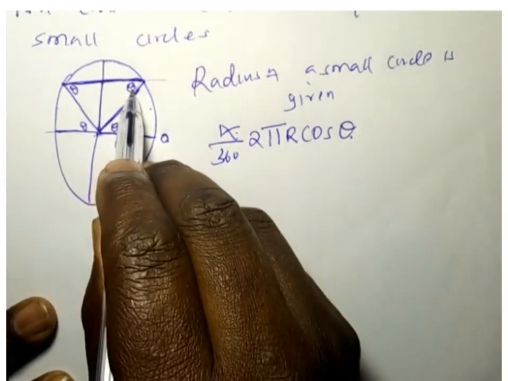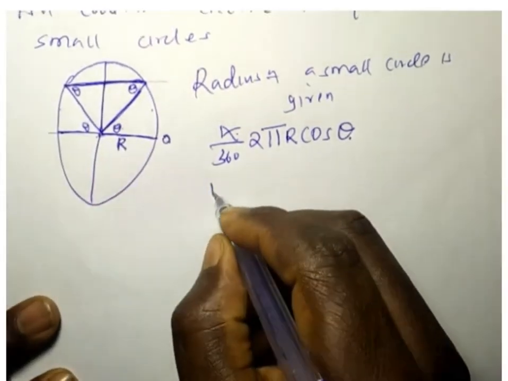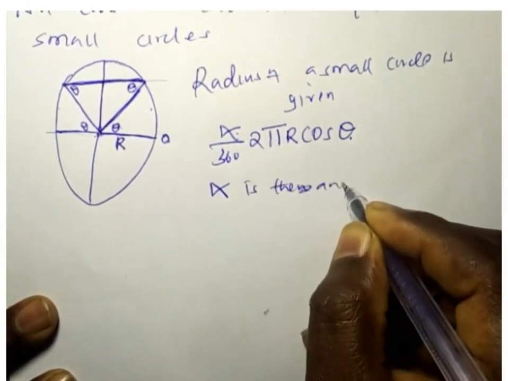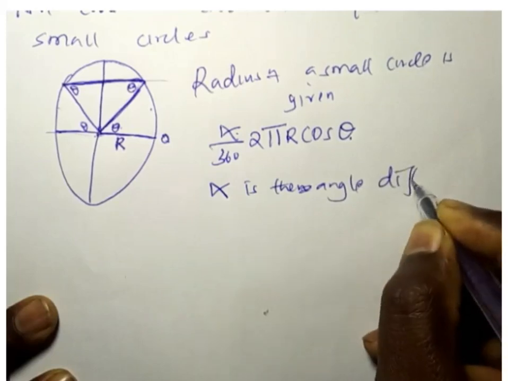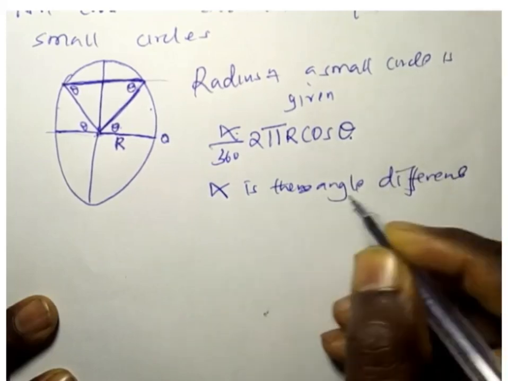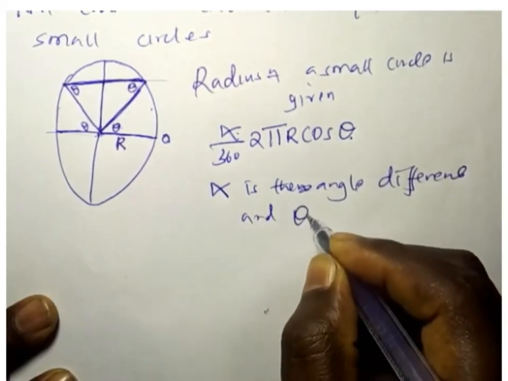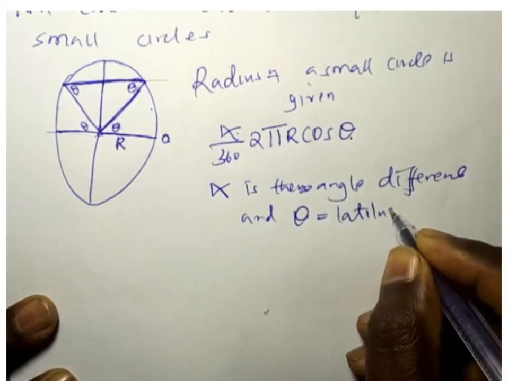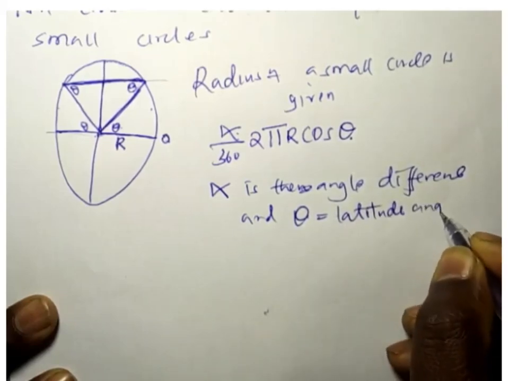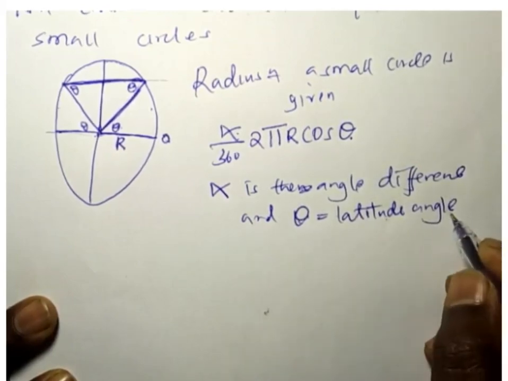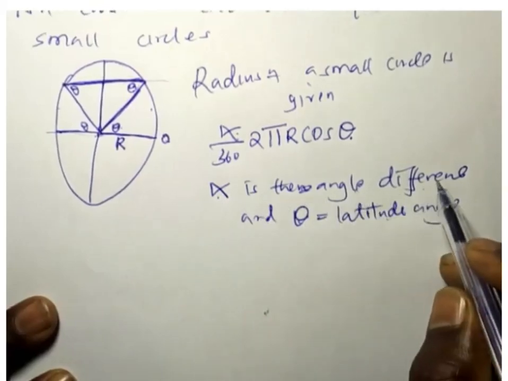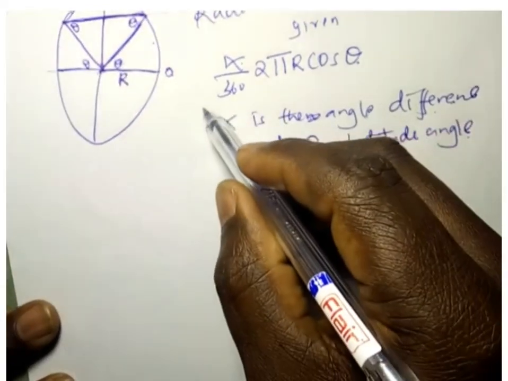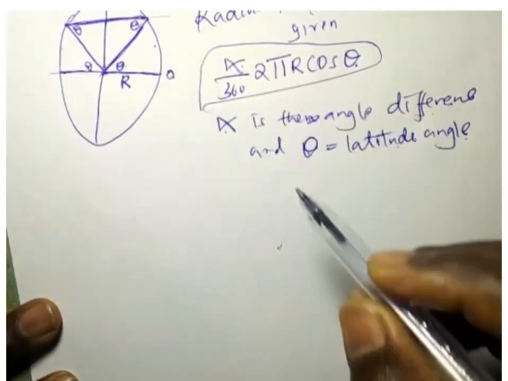You can see the angle here, theta. Where alpha is the angle difference, and theta is the latitude angle. Theta is the latitude angle, and alpha is the angle difference between the 2 points. So our formula is here, and that is what we are going to utilize.